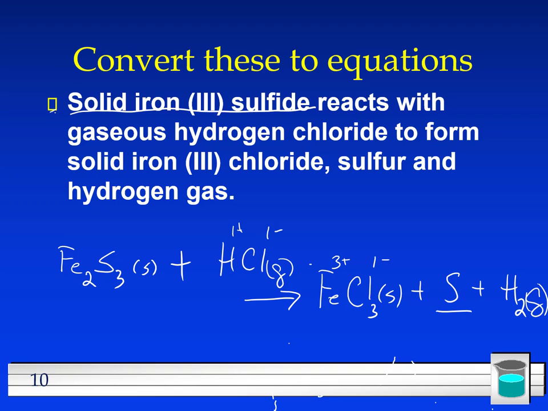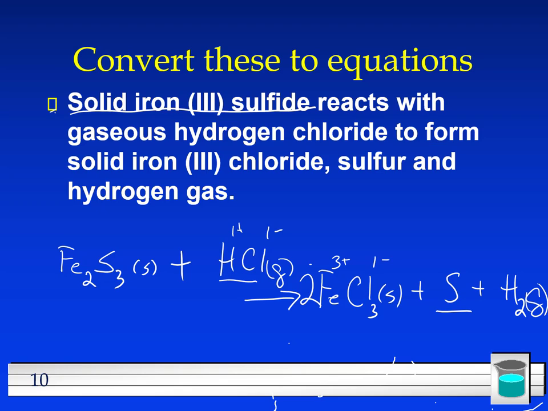Now I need to balance it. Okay, so we go to balance it. I've got 2 irons on my reactant side. Do I have 2 irons on my product side? So I would have to put a 2 there, wouldn't I? Now that's going to give me 6 chlorines. How can I get 6 chlorines on the reactant side?